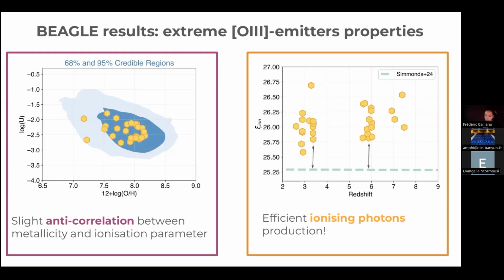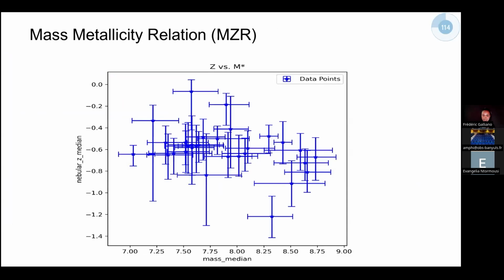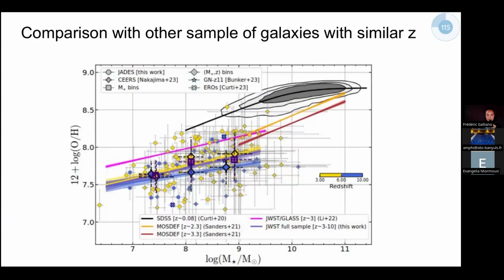Okay, we'll be discussing the mass metallicity relation. This is the nebular metallicity in relation to the stellar mass, and we can also see the error bars. We also compared our sample with a previous study at similar redshift to our sample; sorry for not mentioning the reference here.